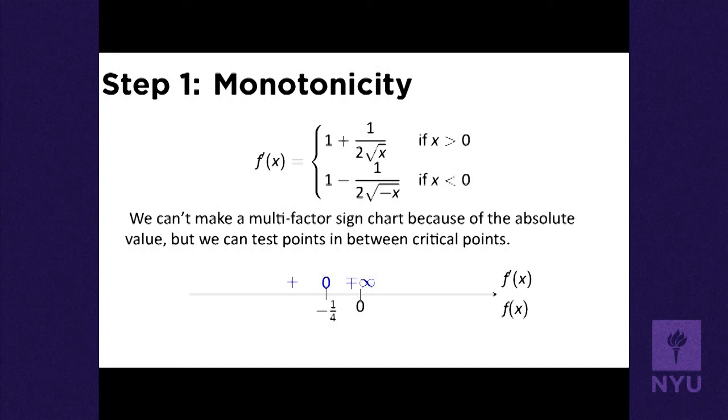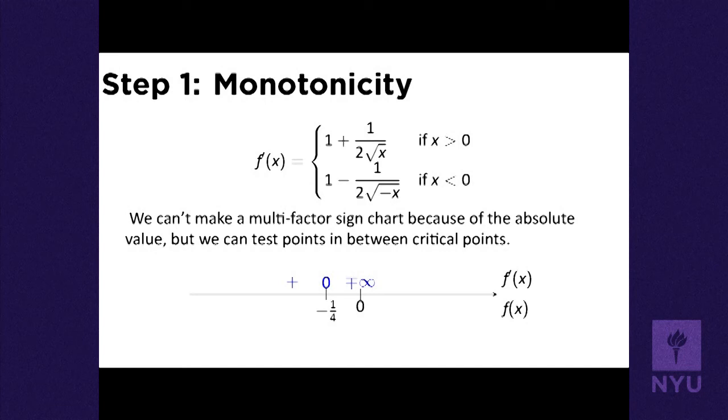Okay. What's your favorite point in between negative 1/4 and 0? No one's ever asked you that before, right? Just pick any number between negative 1/4 and 0. But you must choose wisely. What'd you say? Negative 1/16.